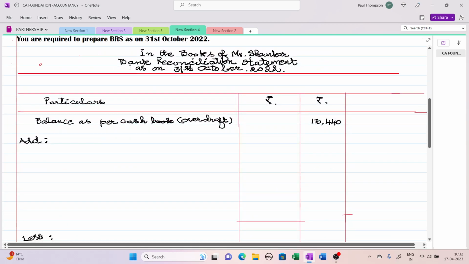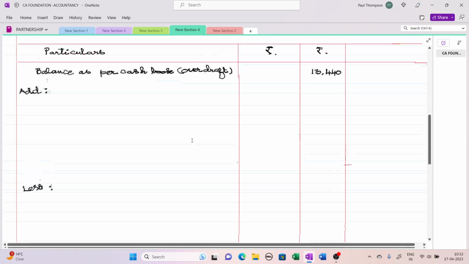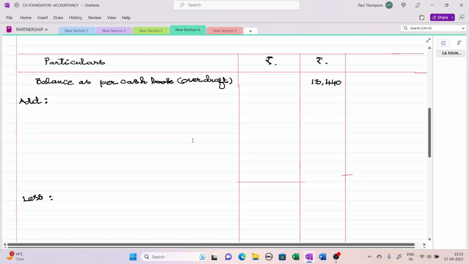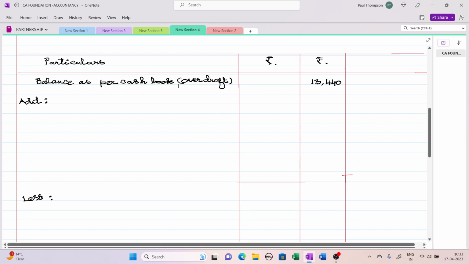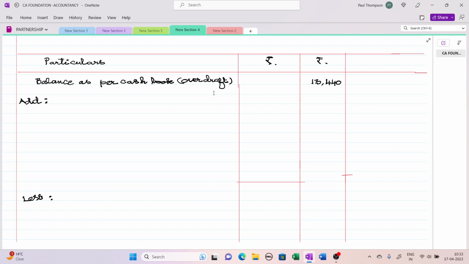Whenever you are having an overdraft or anything else, no need to get confused. You have to do it as usual. Just put the figure, balance as per cash book, overdraft is 13,440. Don't immediately panic.